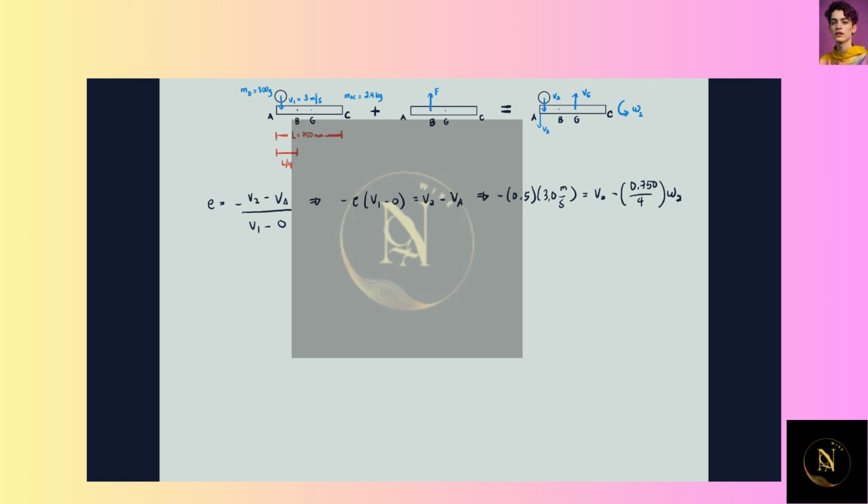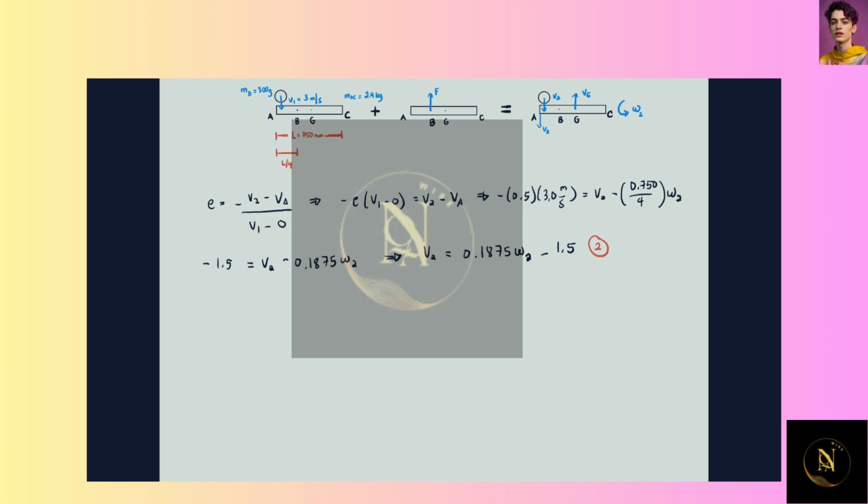Simplifying, we get negative 1.5 equals V sub 2 minus 0.1875 omega 2. And finally, V2 is equal to 0.1875 omega 2 minus 1.5. So this is our equation 2.